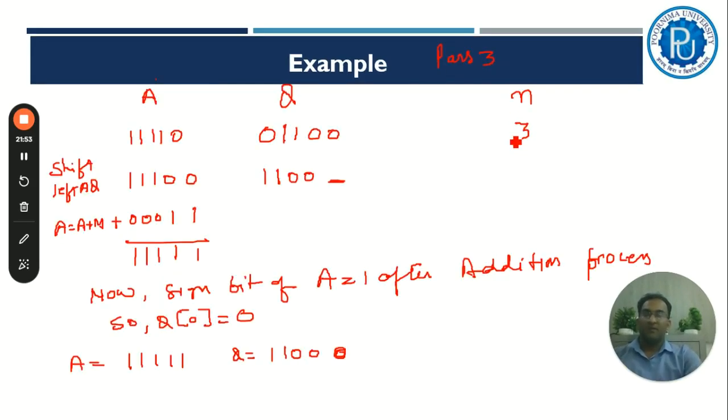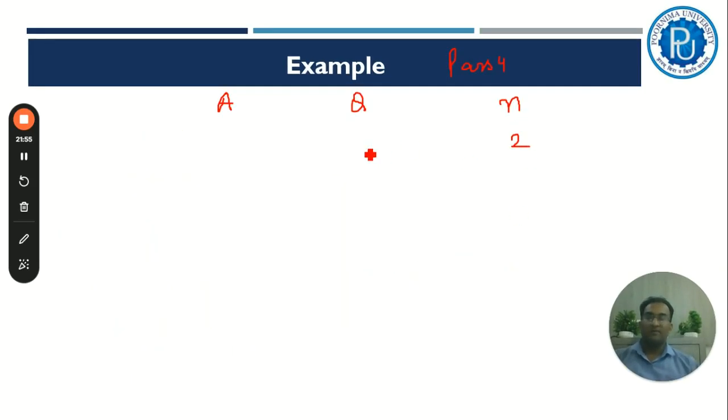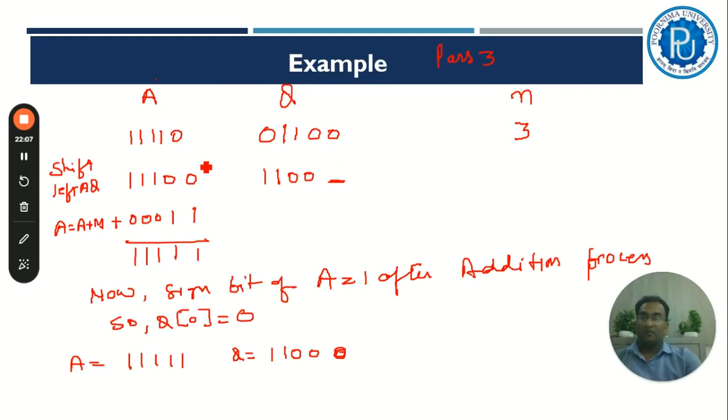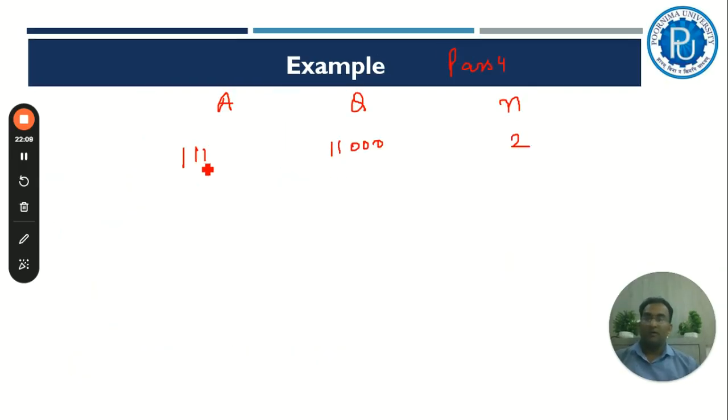The value of Q is 1 1 1 0 0 0, and the value of accumulator is 1 1 1 1 1. The sign bit is equal to 1.